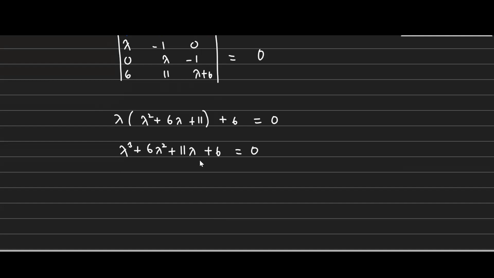Already you can tell that this system is stable, just by analyzing this: no positive values can make this equation equal to 0.